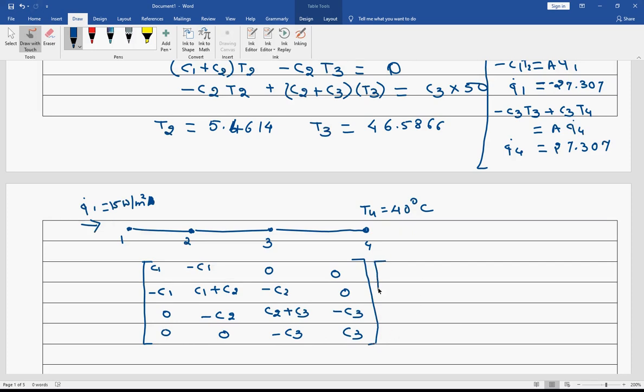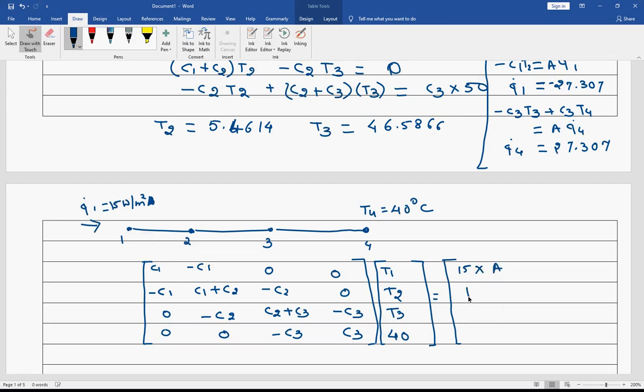Okay, and now in this case temperature T1 is unknown to me, temperature T2 is unknown to me, temperature T3 is also unknown to me, but T4 is known to me as 40 degrees Celsius. Now my force condition which I have applied: I apply 15 watts into area.